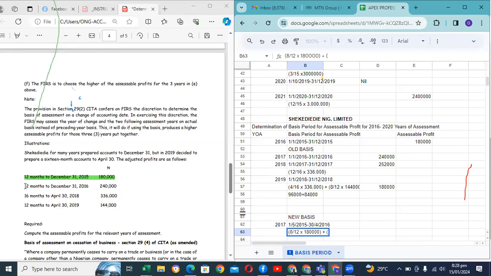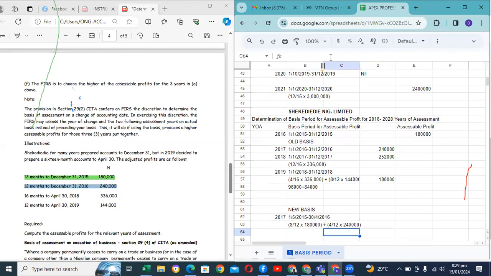we have 12 months here again, Abi. How many months do we have to complete 12 months? 4. So I will take 4 over 12 times 240,000. 80,000.